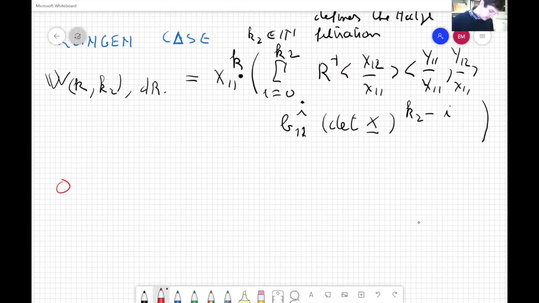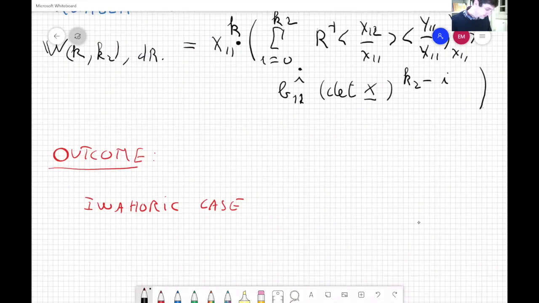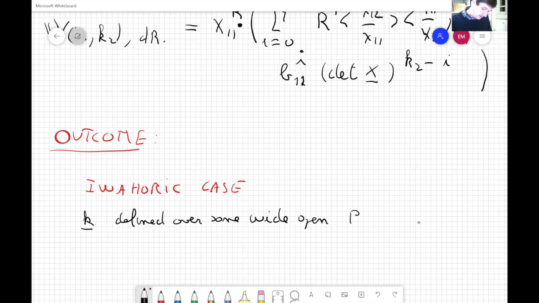So the outcome of these computations of the differentials. The first outcome is actually in the Iwahori case. And it tells us that if you take a space K, which is defined over some wide open, defined by some algebra B, okay?